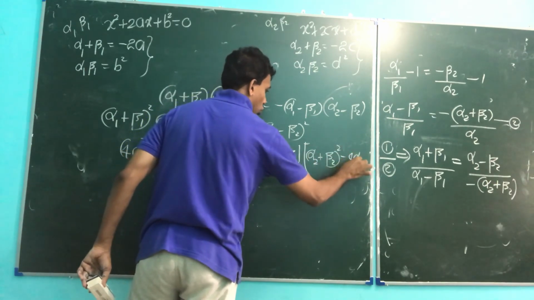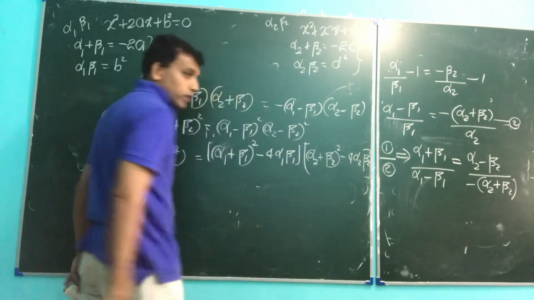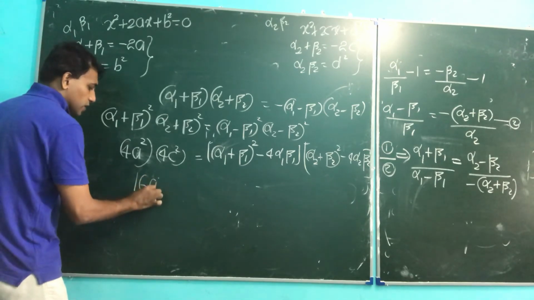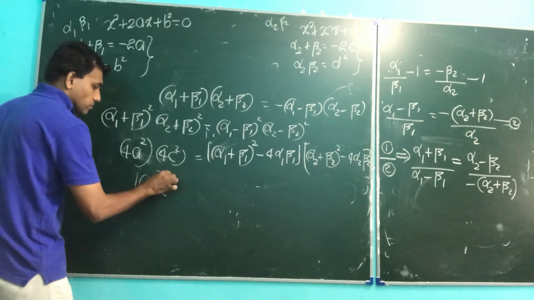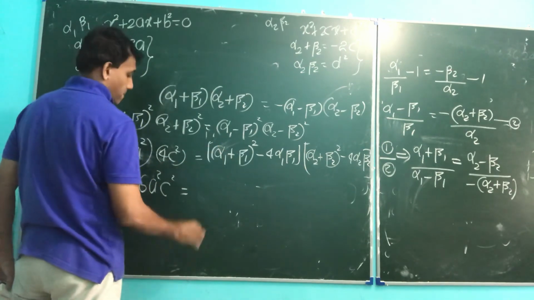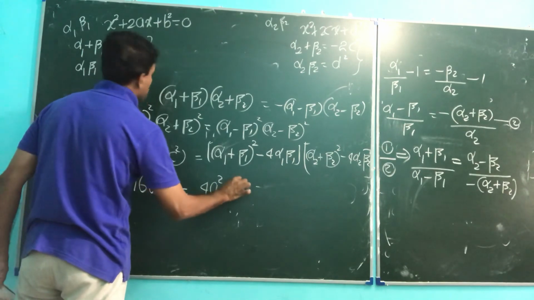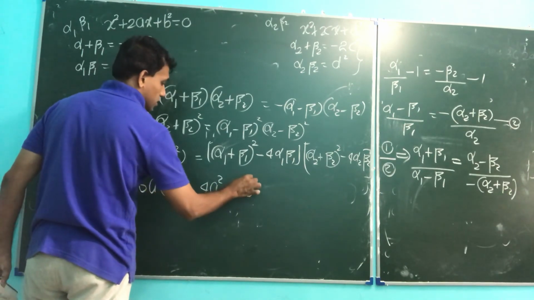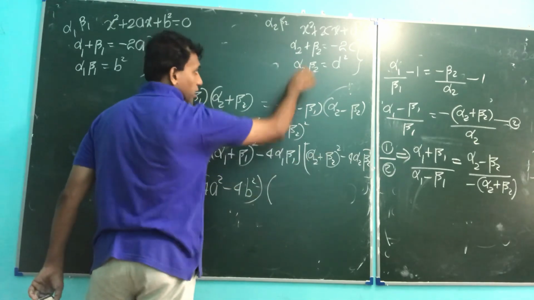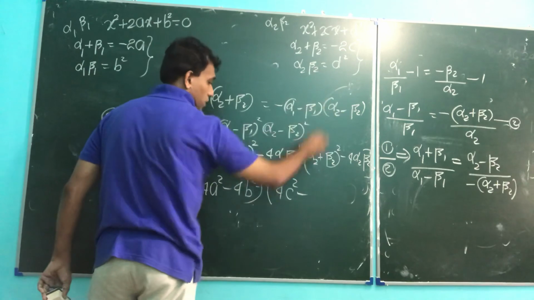Minus 4 alpha 2 beta 2. I hope you understood that one. 16a square c square. Alpha 1 plus beta 1 square is 4a square minus 4 times b square. It's a very interesting question, very useful problem. Alpha 2 plus beta 2 square, 4c square. Substitute is all 4d square.